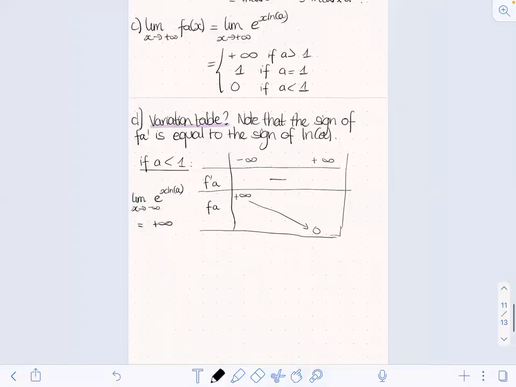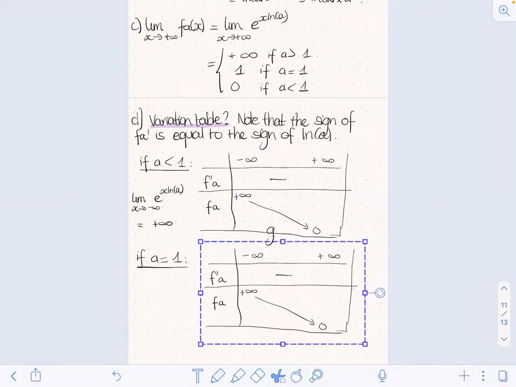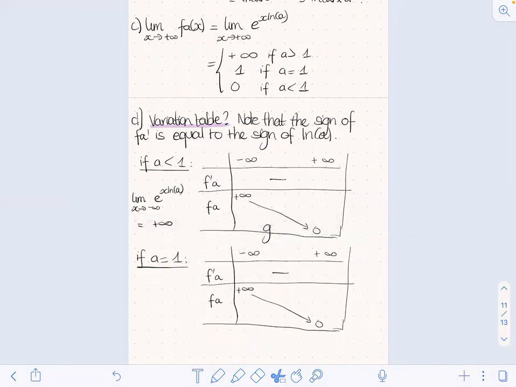A second variation table we can draw, which is, I guess, even simpler, is when a is equal to 1. So in that case, what happens to the derivative and to the function in this case?